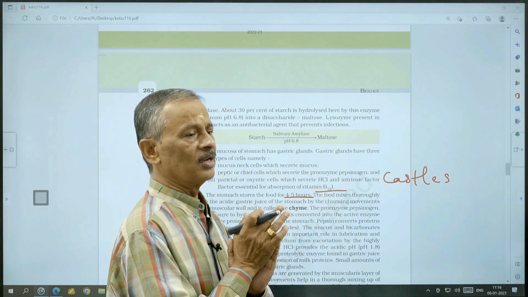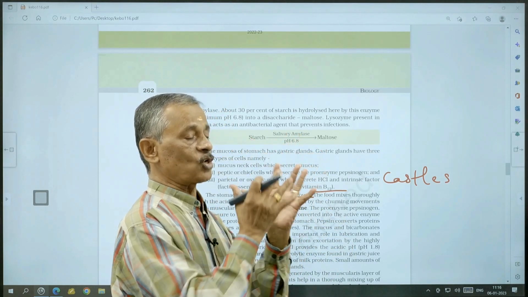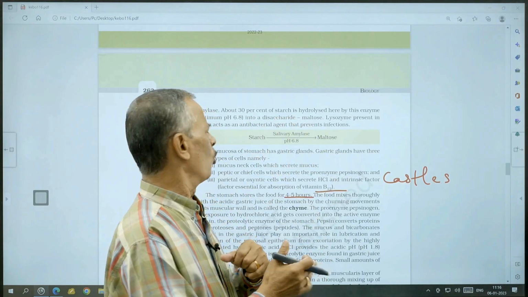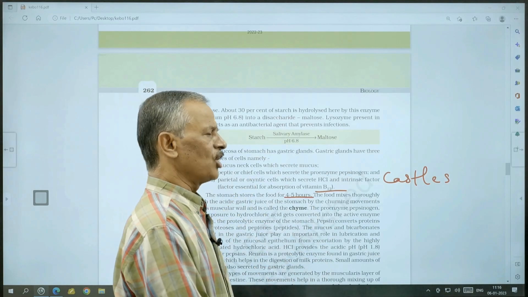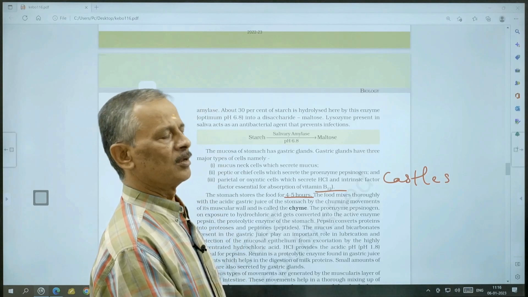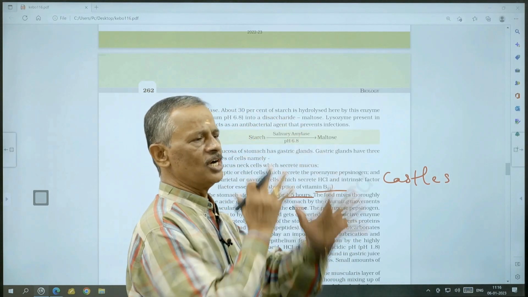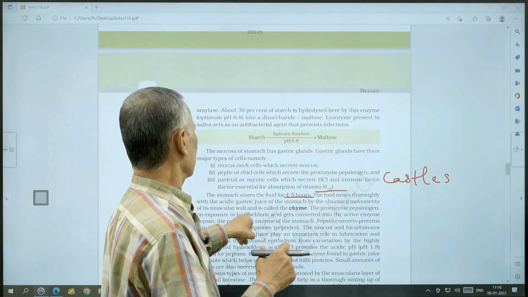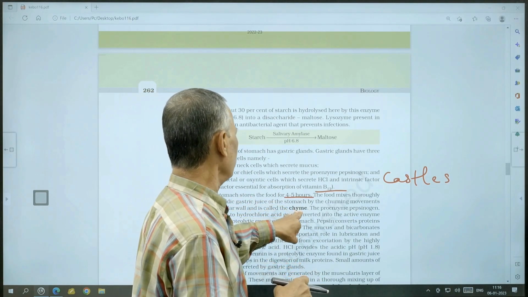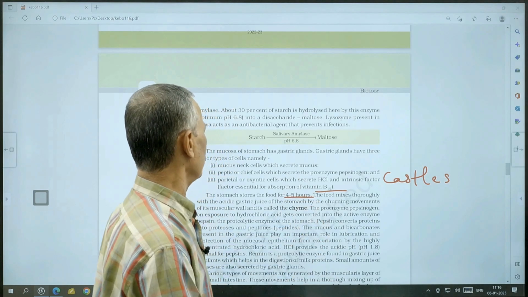Along with that, the muscular activity of the stomach causes a churning movement. That churning movement is the mechanical digestion that is occurring. So the food is churned well and becomes a semi-solid paste called chyme.